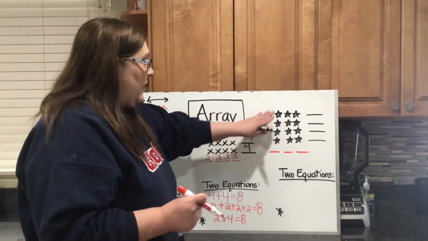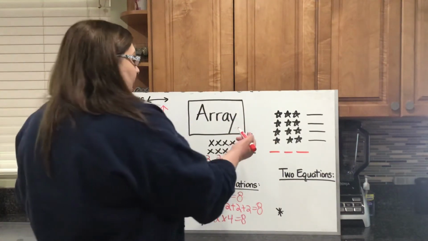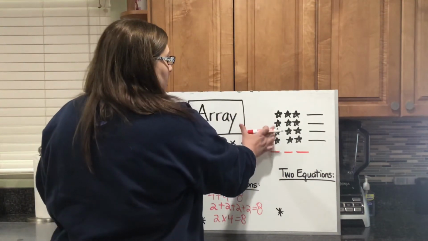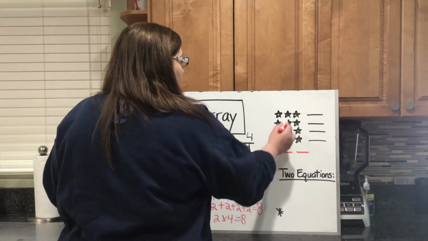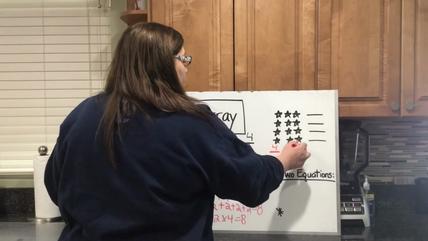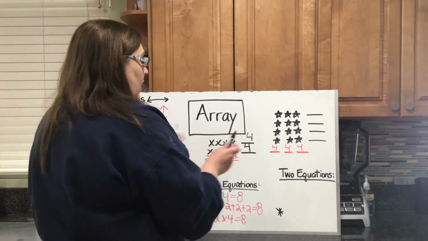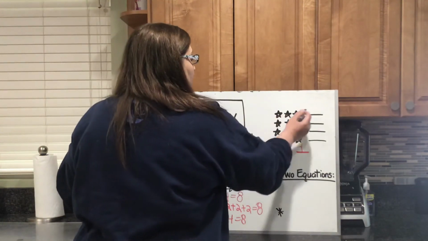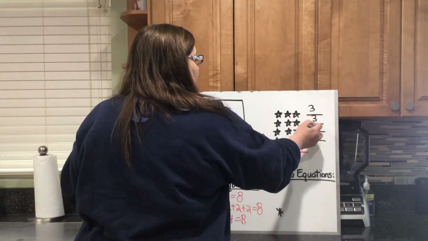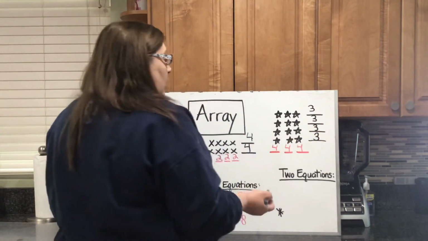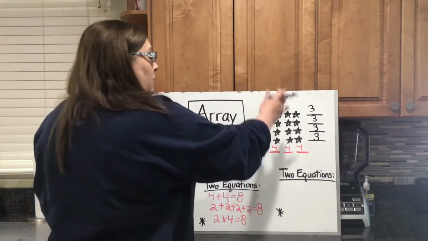Okay, let's look at the last one of stars, an array of stars. How many do we have in the columns? 1, 2, 3, 4. 4 going down each column. And going across our rows, we have 1, 2, 3 stars. Writing your equations, you could work with your rows.